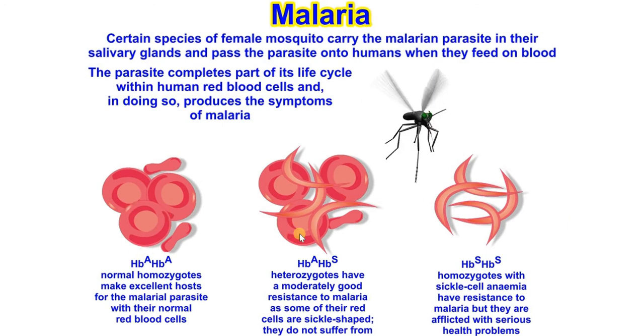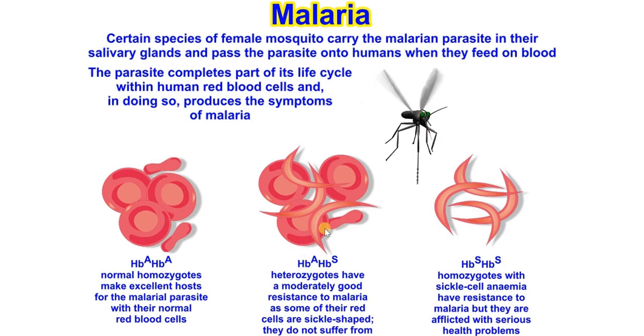So normal people, homozygous for A, heterozygous people, and homozygous for S. If there was no malaria present, in this country, in the UK, most people are going to be homozygous for A.